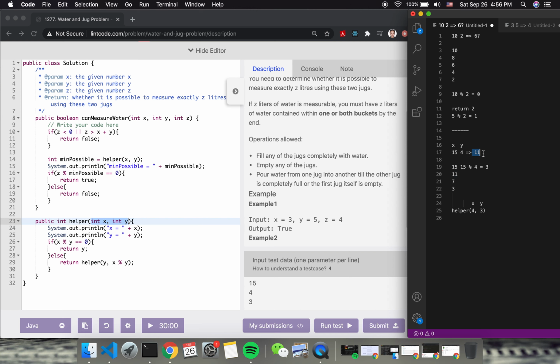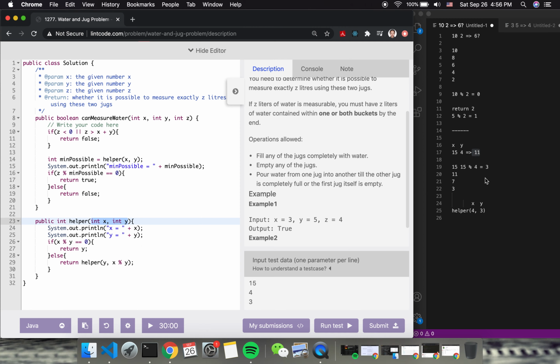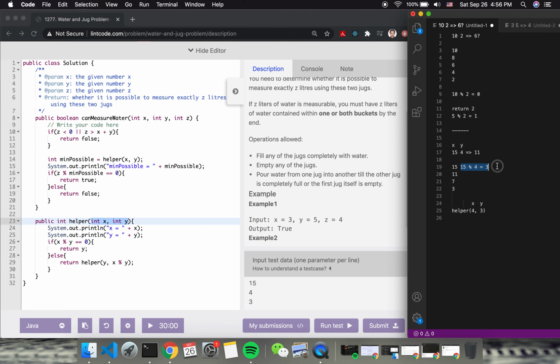Actually 11 doesn't matter here. We just want to get this magic number, or the base, first. So we take this 15 volume and then take the mod of 4.